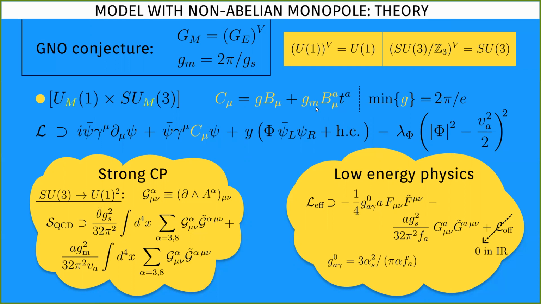In the Abelian case, it solved the strong CP problem automatically because we just had magnetically charged quarks. So in the strong sector, the model was just the same as the KSVZ model. So in the Abelian case, the model with the Abelian monopole, it was clear that it solves the strong CP problem.